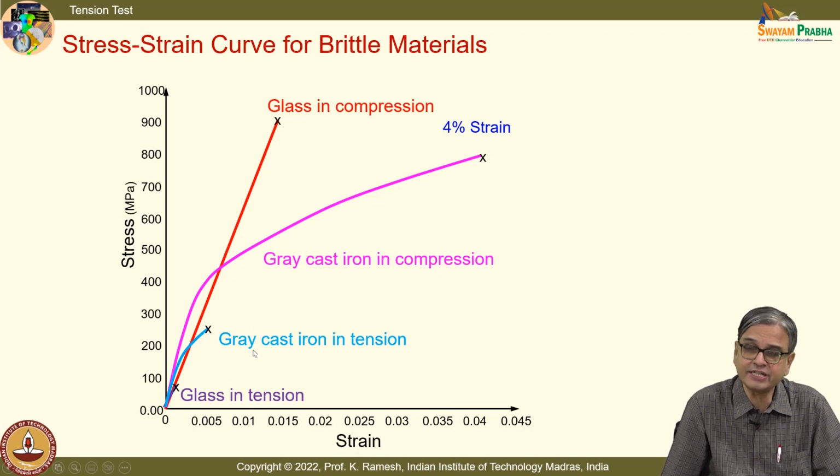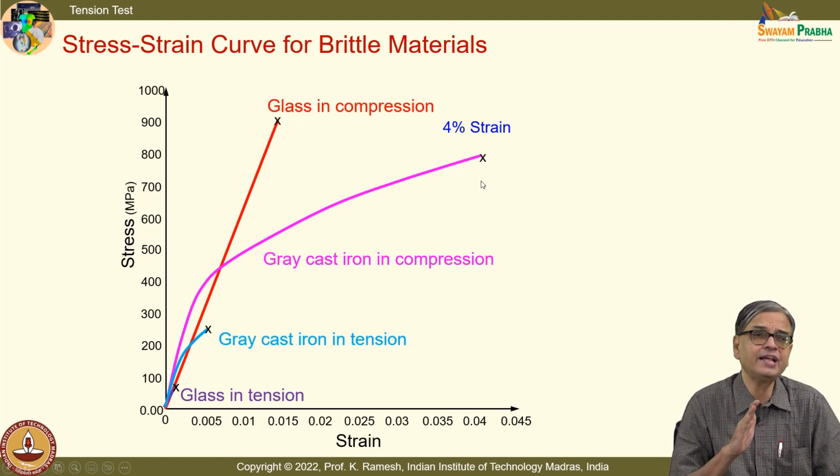Glass is almost linear, whereas grey cast iron has a slight curvature, and you find that this is about 250 MPa in tension, and the same cast iron when you put it in compression, this is about 770 or so, it's below 800 MPa.